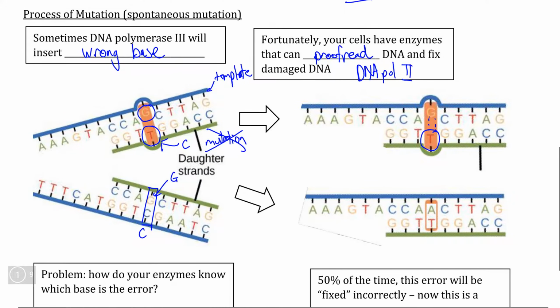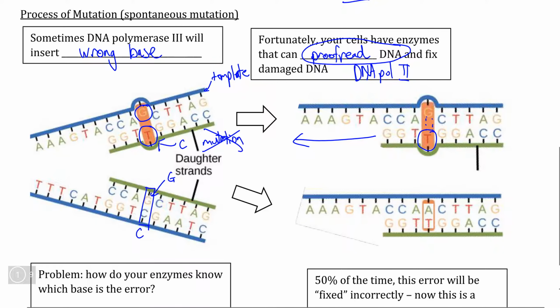The problem is that the proofreading of DNA occurs after DNA replication has already finished, meaning that the daughter strand already extends all the way to the end of the parent strand. Now, we as humans have brains and analytical ability, so we can identify relatively easily that this is the parent strand and this is the daughter strand.